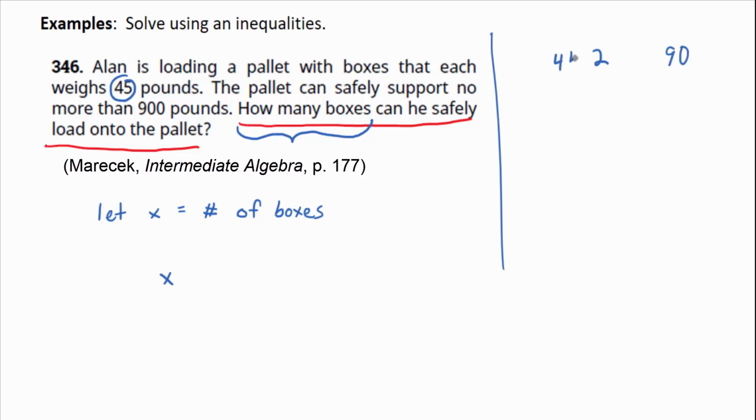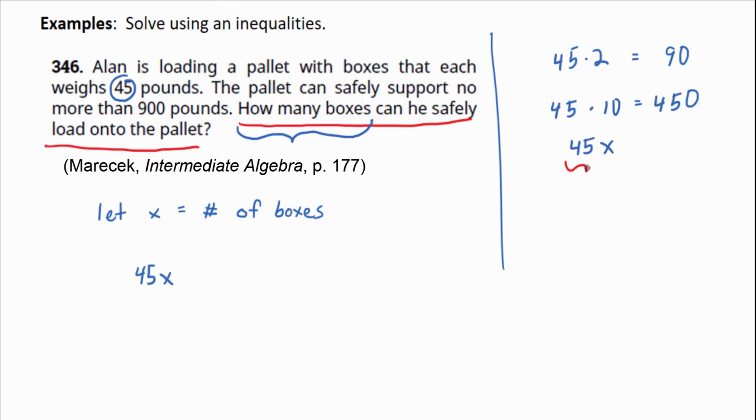You multiplied the weight of 1 box by 2. You told me the weight of 10 boxes is 450. How did you get that? You took the weight of 1 box, 45, times 10. So what if you have x boxes? You'd multiply by 45. So 45 times x.